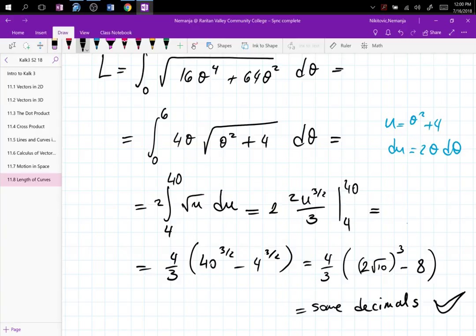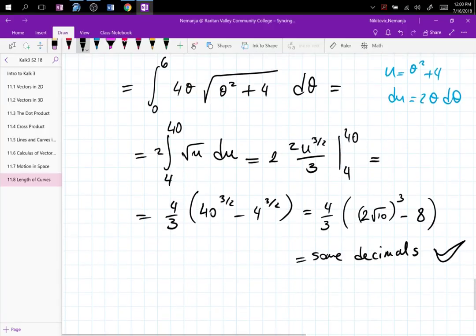Exact answer will be 4/3 or something along those lines. Actually, you can factor 8, because 2 cubed is 8.